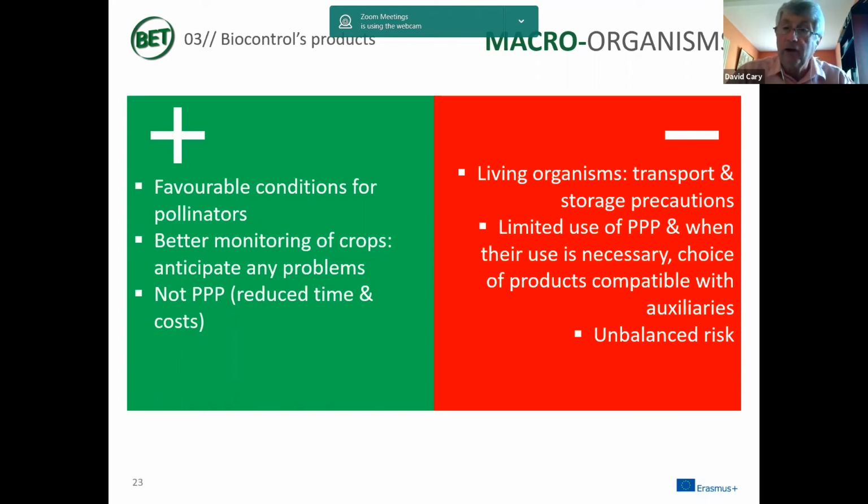There have been some examples, and I talked about this at ABIM a few years ago, of Harmonia that did come in, and the plant protection Harmonia was not the one that then got out of control, but it could easily have been.